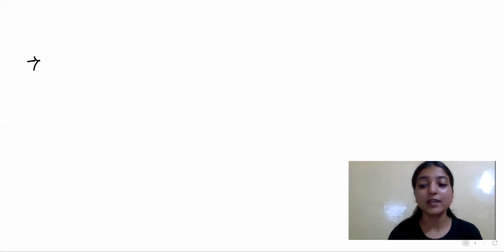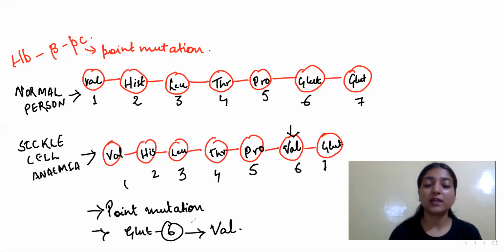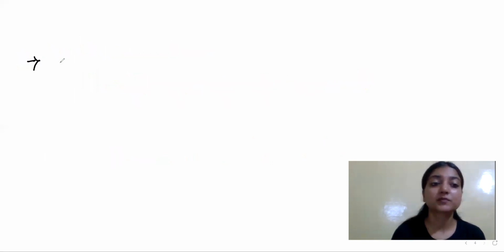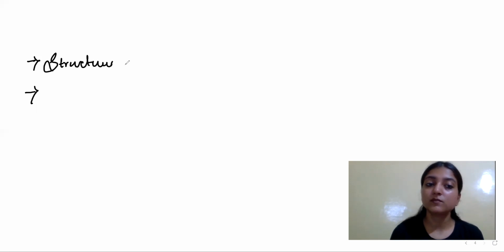So now, the gene is replaced by the valine. Now, this affects two things. First, the structure of the hemoglobin, right?